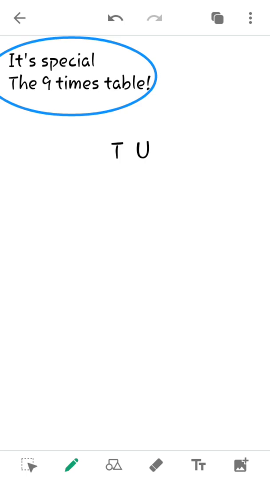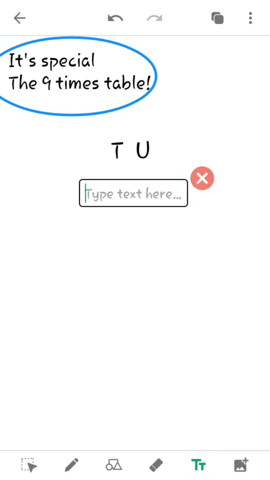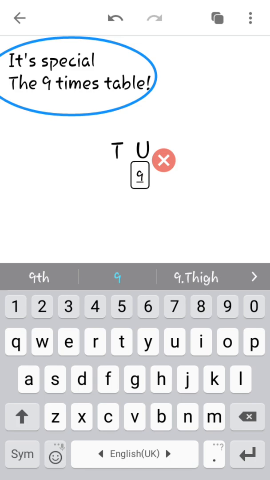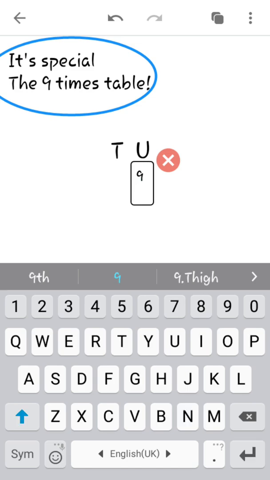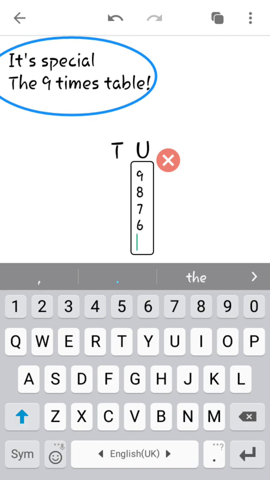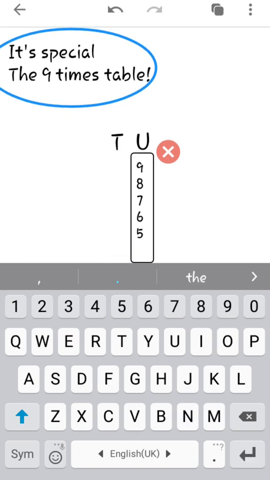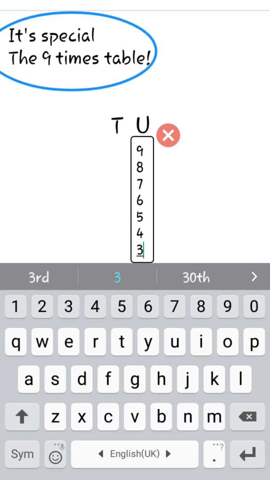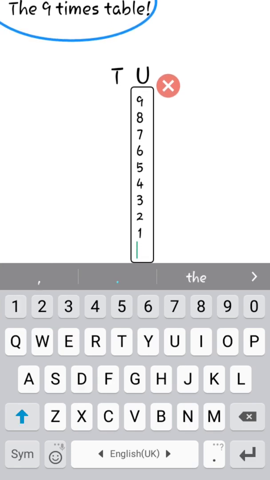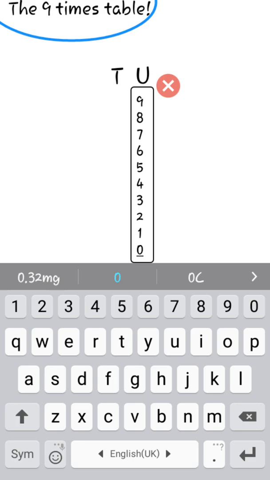First, write the numbers in reverse order, like 9, 8, 7, 6, 5, 4, 3, 2, 1 up to 0 in unit place.